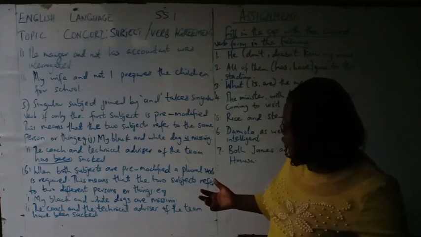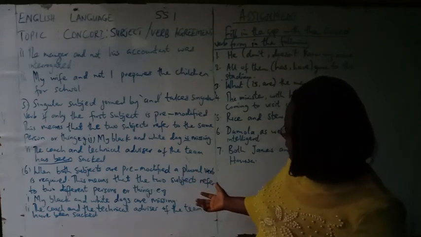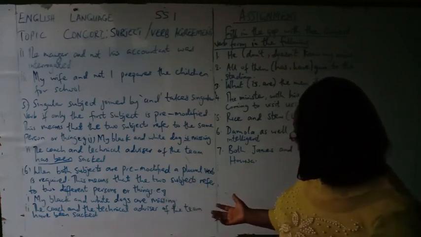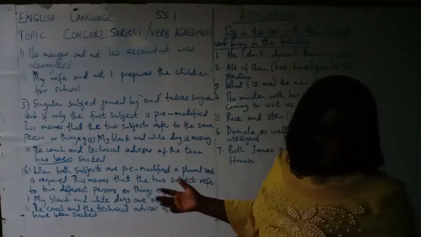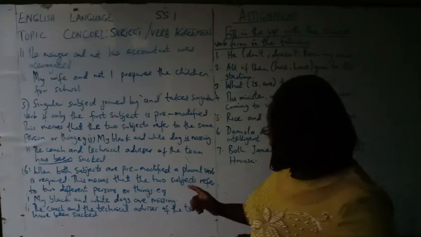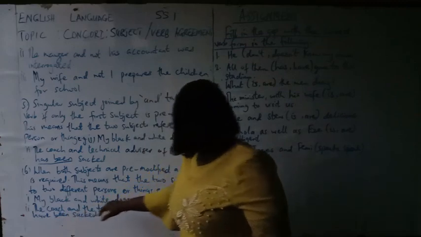So I have to use "are". My black and white dogs are missing. The coach and the technical advisor of the team have been sacked. Have been sacked, which means that the coach is different from the technical advisor. That was why I used the plural verb here. Have been sacked.